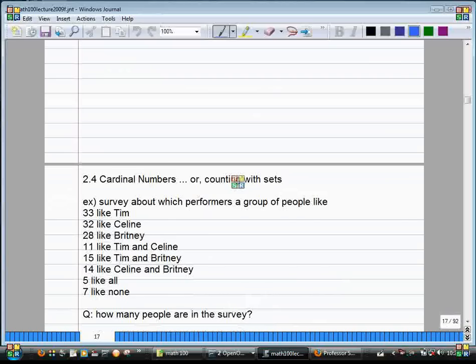So, for example, can we just add up 33 plus 32 plus 28 plus 11 plus 15? No. Why not? What are for example, which two groups might the same person appear in? Does that make sense?